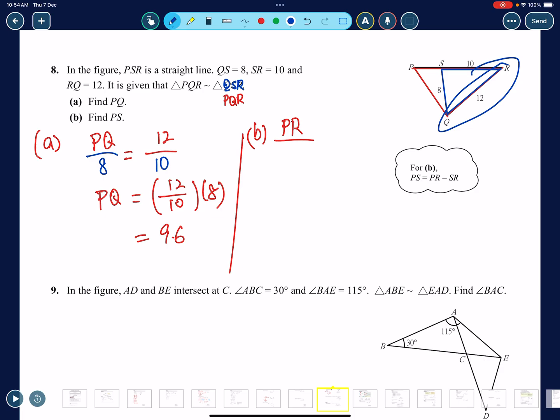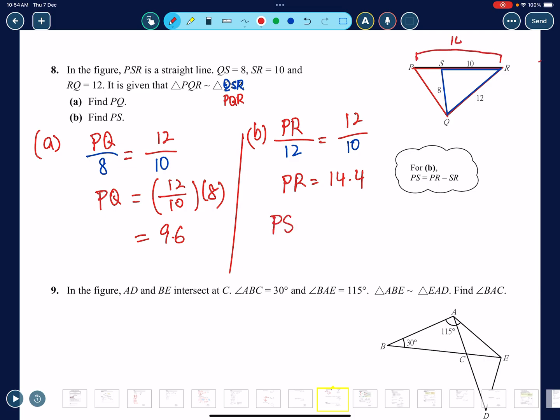QR is 12 equals to, we can make use of the same ratio here, 12 over 10. So PR equals to 12 times 12 divided by 10 is 14.4. And then we need to find PS. PS, the whole thing is 14.4. PS is 14.4 minus 10. So PS is 4.4.